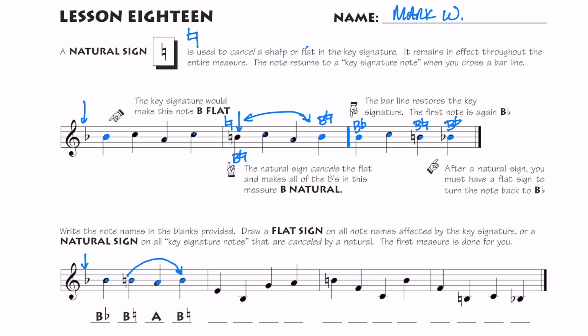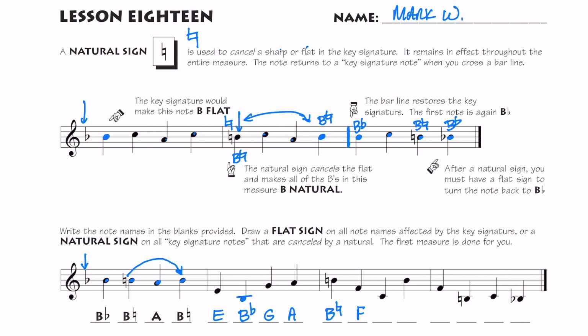Okay, it's really important that you learn that. All right, this note is an E. It's not flat in the key signature. Here's my low B. Key signature tells me that's B flat. I have a G, an A. Here's a B. Now it's pretty obvious that I have a natural, so that is B natural.